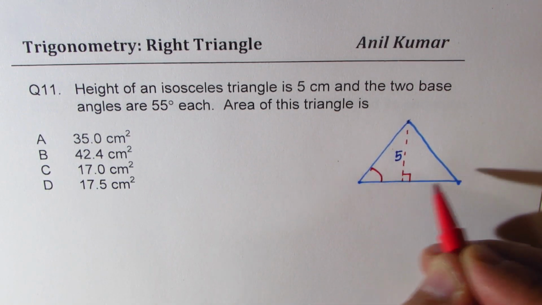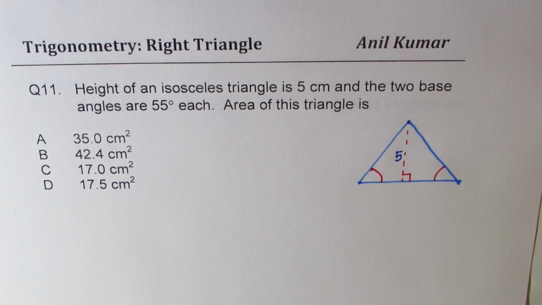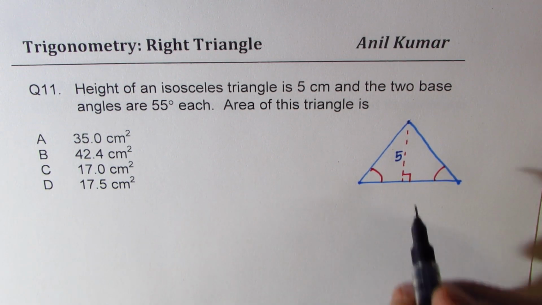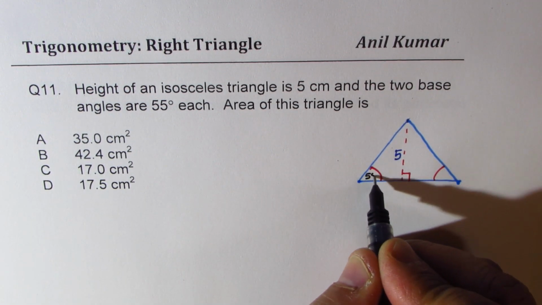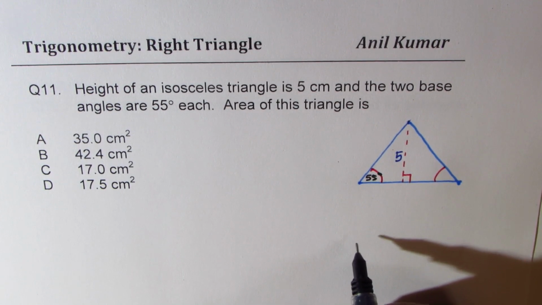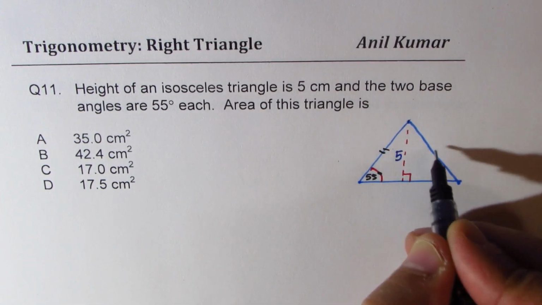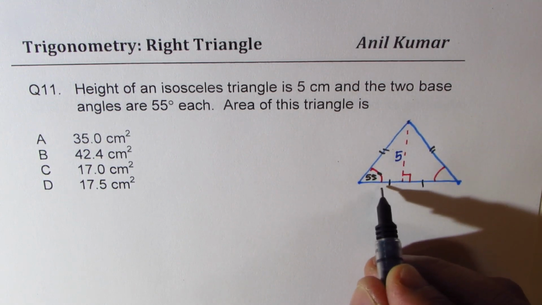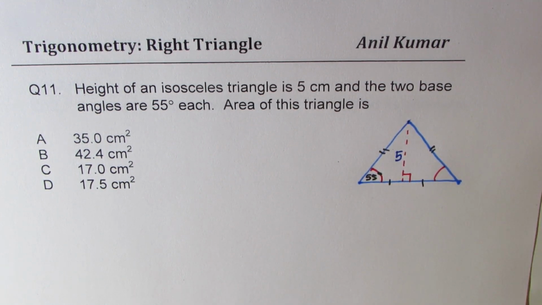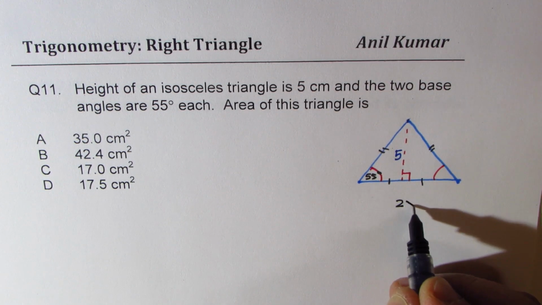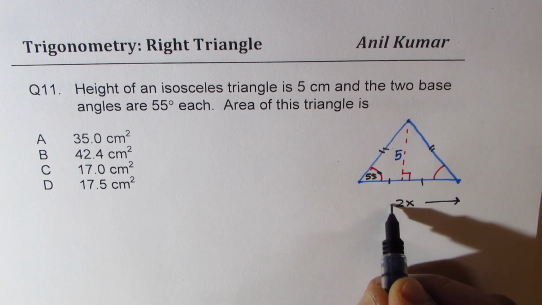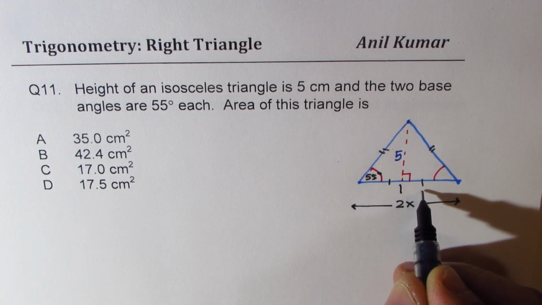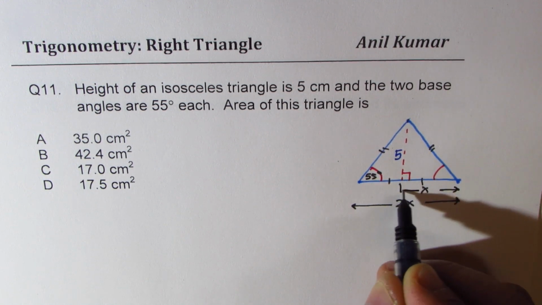So let's write 55 degrees. Now isosceles means the sides are also equal. In that case, altitude will divide the base into equal parts. So if I assume 2 times x as the length of the base, then half of it will be x.